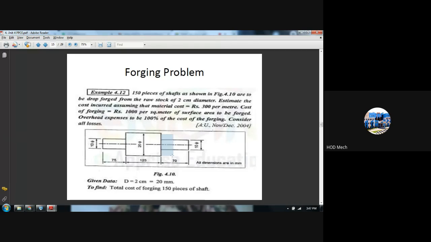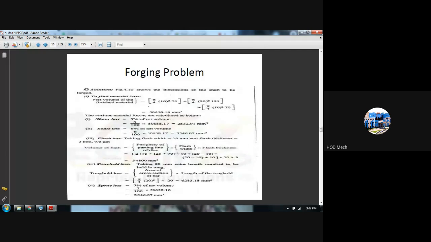Looking at the diagram, you can find 20 minus 10, 20 minus 10. Add all this, then multiply by flash width, then multiply by flash thickness. So that will give you the periphery of the parting lines.